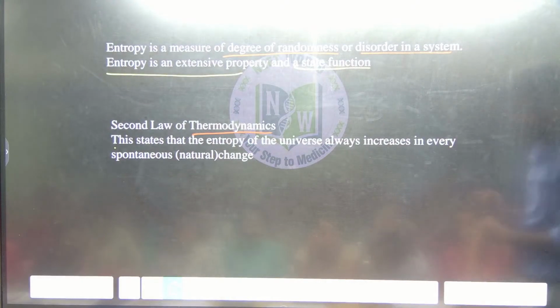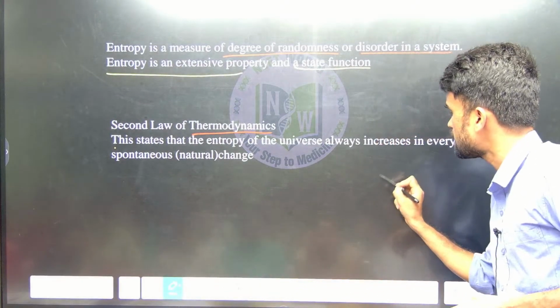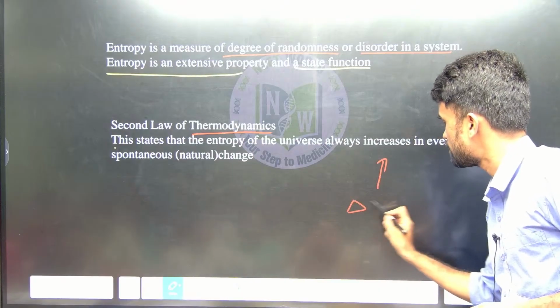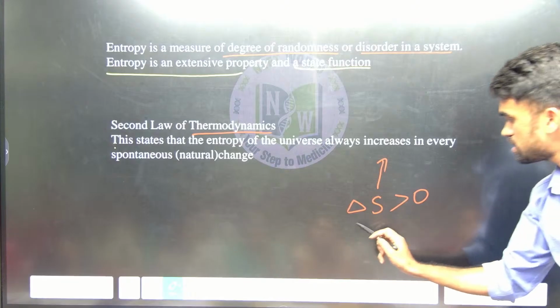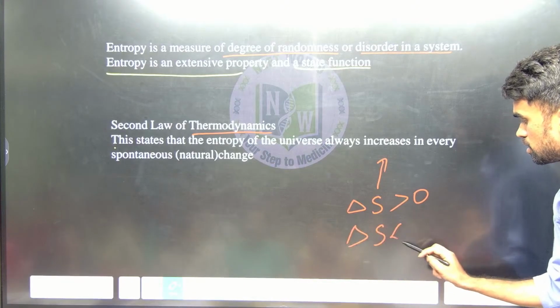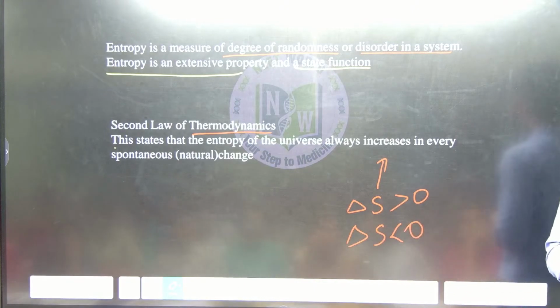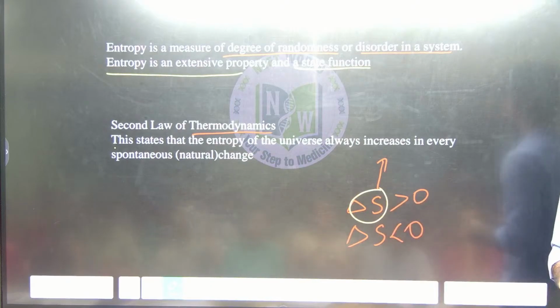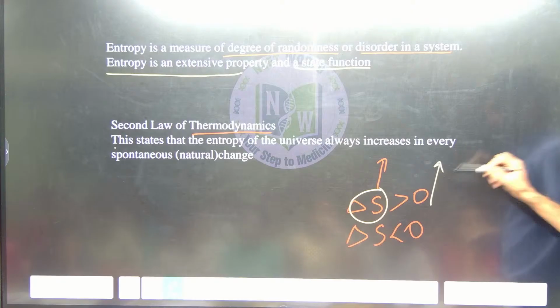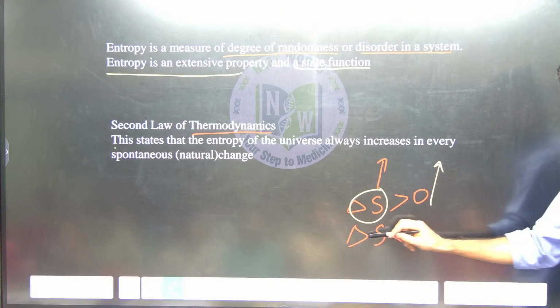If I say increases, that should be indicated with delta S positive. Decreases means delta S, see, this is greater than 0 or less than 0. So entropy increases here, it indicates.